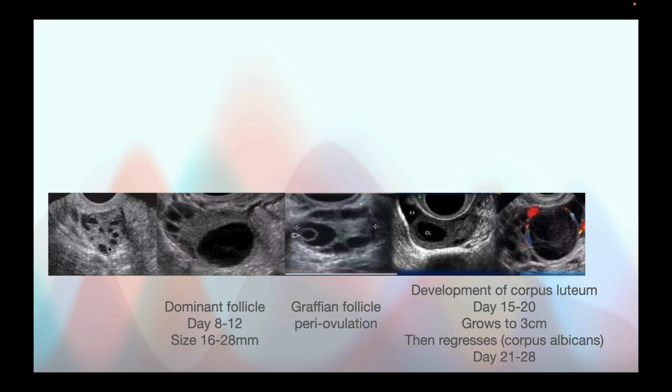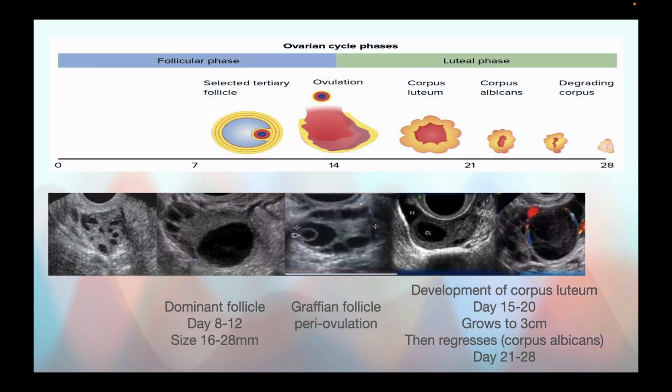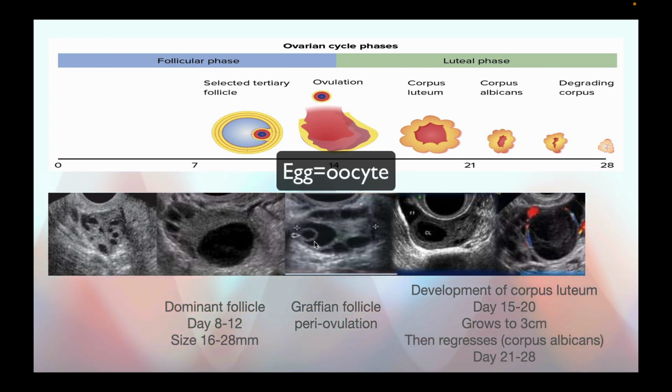You would see these follicles with really no dominant or primary follicle. And as you progress to the first week after your menstrual cycle, you start to select a dominant follicle, which is roughly 3 centimeters or less. And as you approach ovulation, you'll start to see this graafian follicle right here.